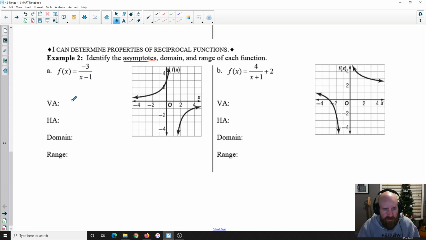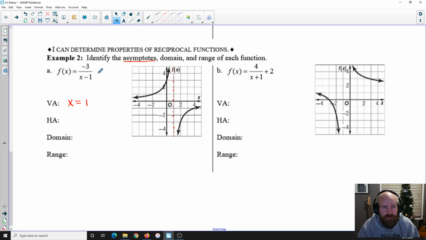So we would say the vertical asymptote is at x equals 1. So this dotted line here is x equals 1. We know x equals a constant, that's a vertical line. Horizontal asymptote. So horizontal asymptote would be anything that would be added on or subtracted at the end of the function.